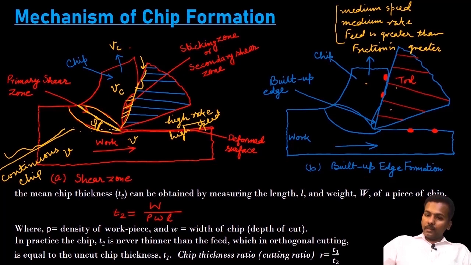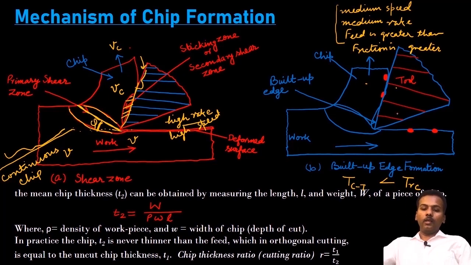If the temperature generated at the surface between the tool and the chip is below the recrystallization temperature, suppose T_RC is the recrystallization temperature, and the interfacial temperature, suppose we mention it as T, between chip and tool, is less than T_RC, then strain hardening phenomena will develop.